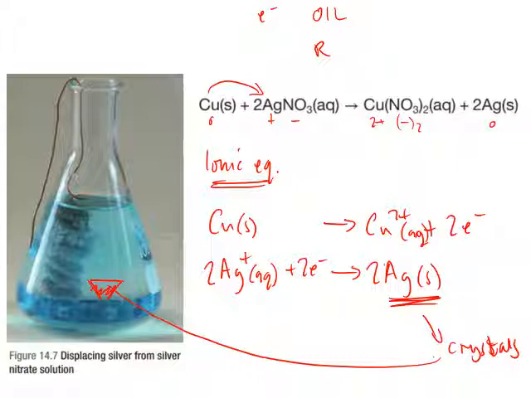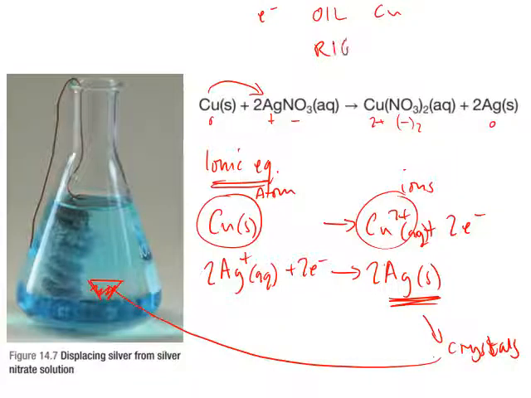So the thing that's losing electrons is the copper. Copper atoms are losing electrons to form ions. So this is your copper atom, and reduction is going to be your silver. It's going to be the opposite way around.